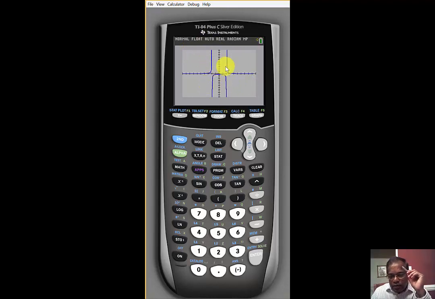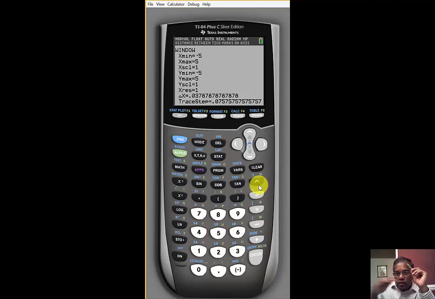And if you want to see a little bit better over here, we can reduce the window. Say I'm going to take it from negative 5 to 5, and the y value also changes from negative 5 to 5, especially since I need to know where the y-intercept is.